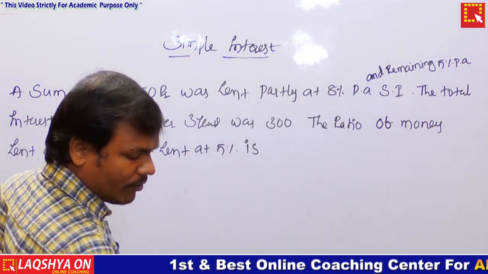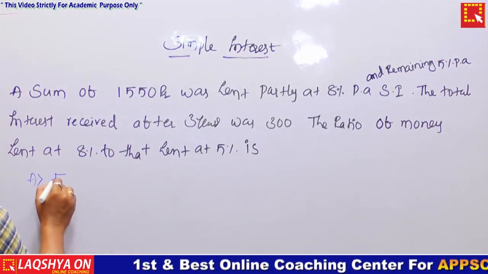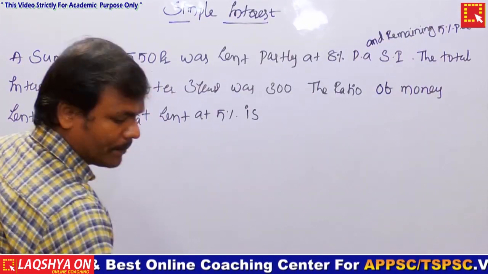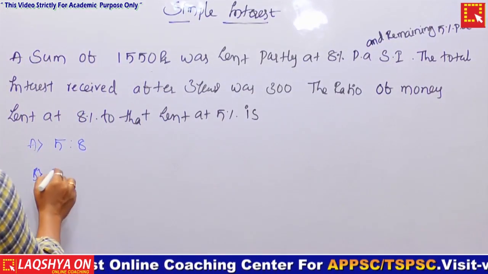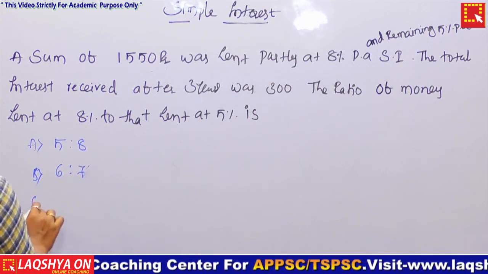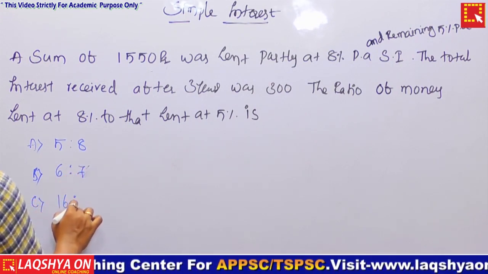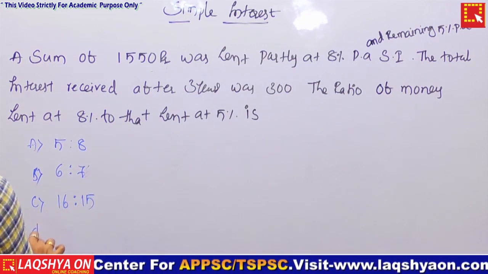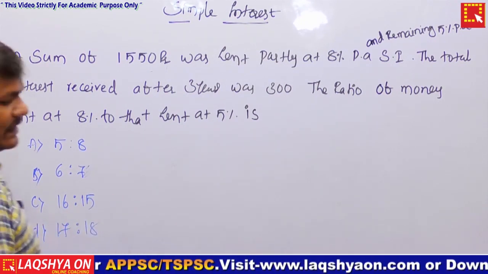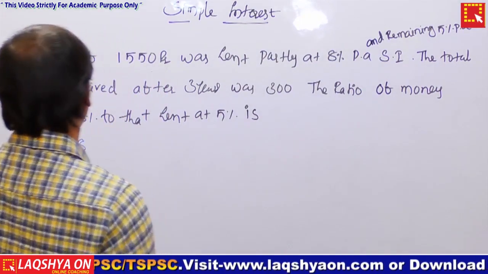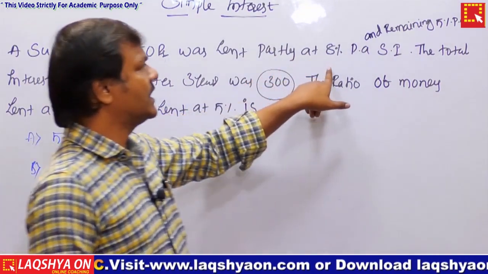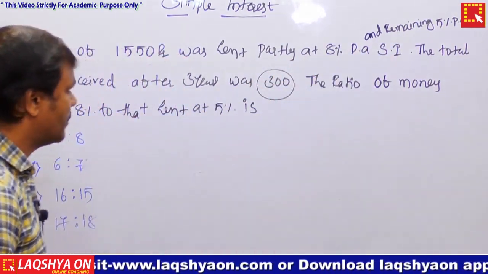Option A, 5:8. Option B, 6:7. Option C, 16:15. Option D, 17:18.